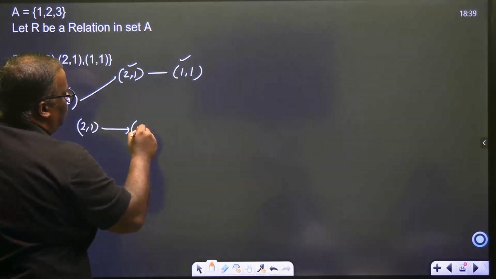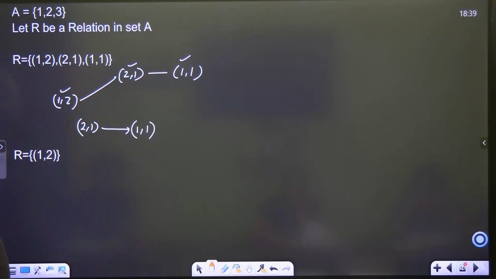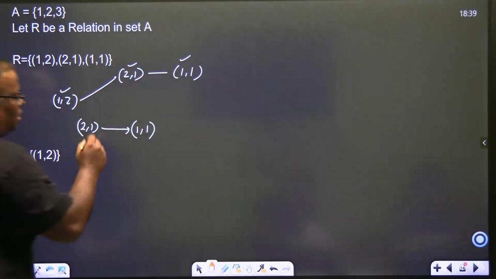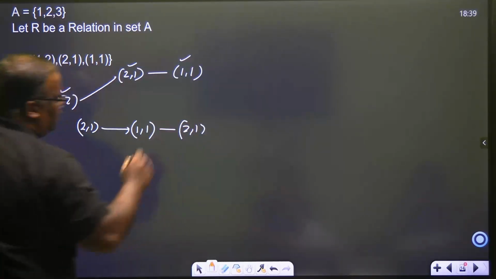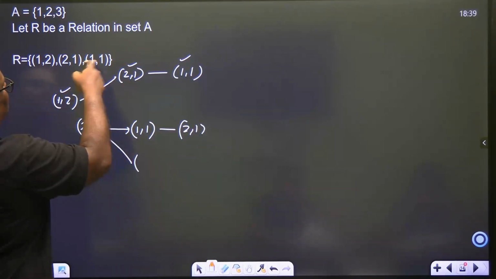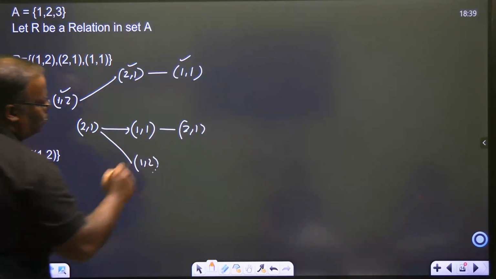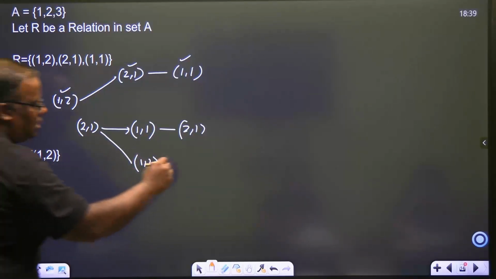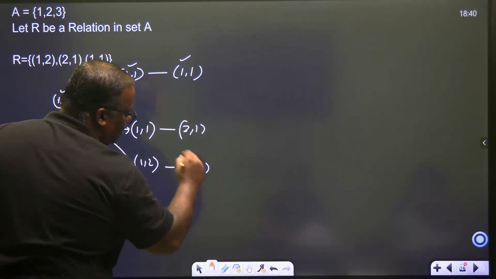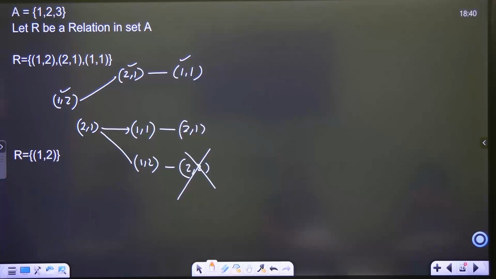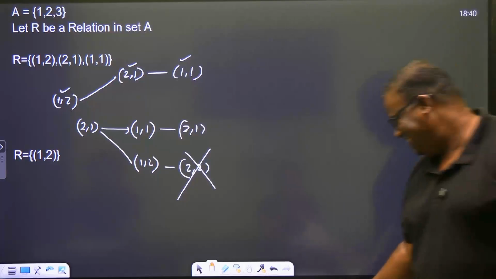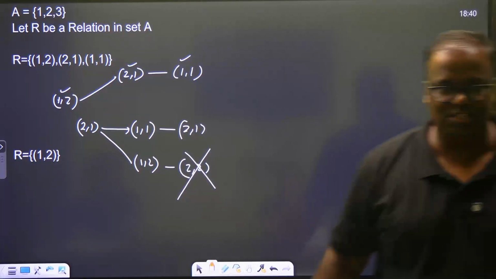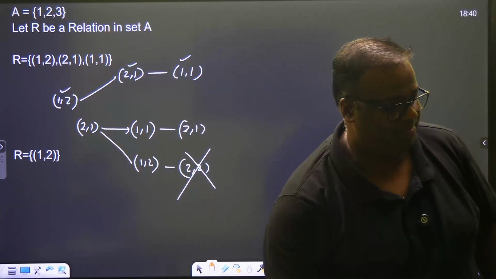Say 1, 1. Then 2, 1 is present, 2, 1 is present, transitive. It could have also been 1, 2 instead of 1, 1. In this case, is 2, 2 present? No, this is not transitive. Check all options. It's not transitive. Right?